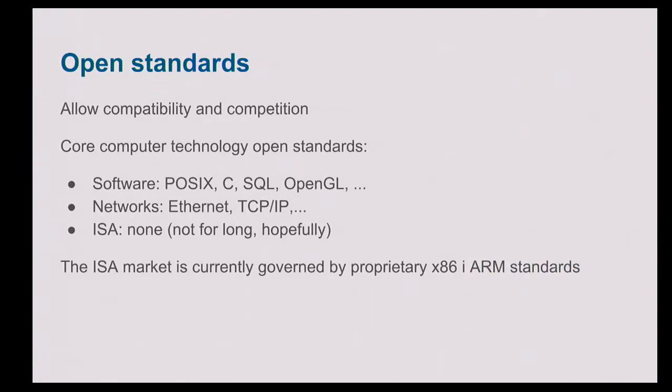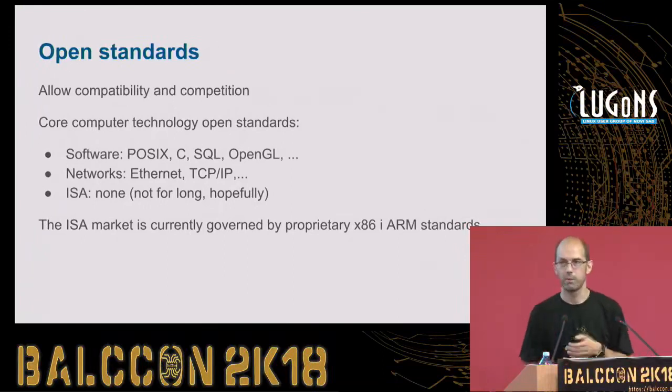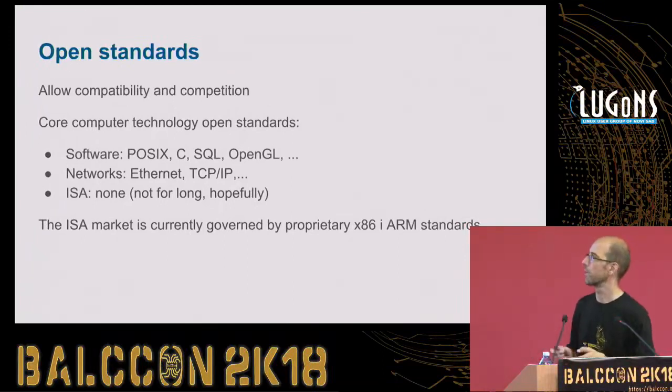Now a word or two about open standards. In most of the computer field, we have some sort of open standards. When it comes to software, we have operating systems like the POSIX standard. We have high-level languages, databases, graphic languages, networks, the Internet, TCP/IP.